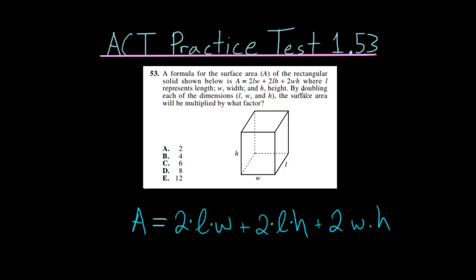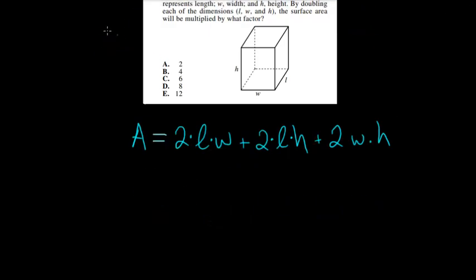Now our question asks, by doubling each of the dimensions, length, width, and height, the surface area will be multiplied by what factor? So in essence, we're just going to be doubling the length, width, and the height anywhere we see them in this formula. So let's rewrite our equation now, but doubling the length, width, and the height.